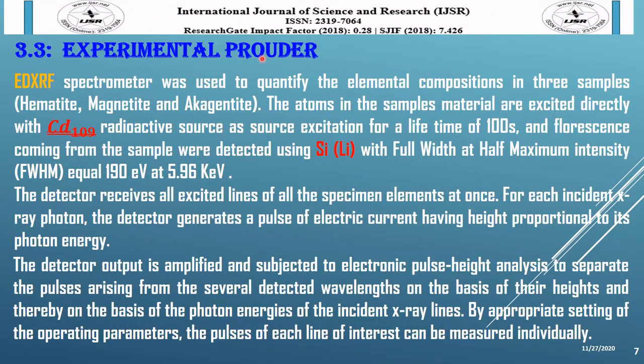In the experiment, X-ray was used to quantify the elemental composition of the three samples. The atoms in the sample material are excited by the cadmium-109 radioactive source, with a live time of 100 seconds, and the fluorescence coming from the sample was detected by the silicon-lithium detector with a full width of maximum intensity equal to 190 electron volt at 5.96 kilo electron volt.